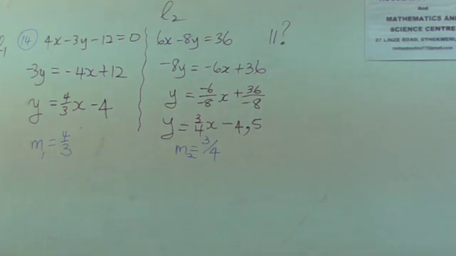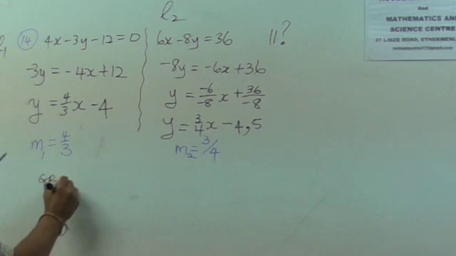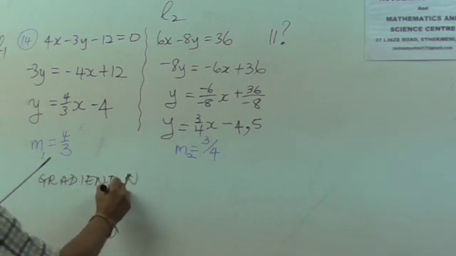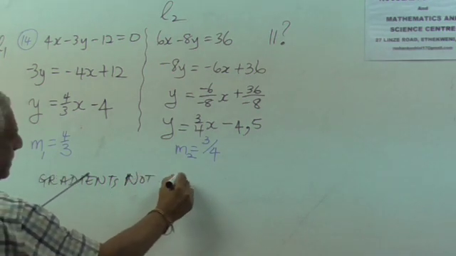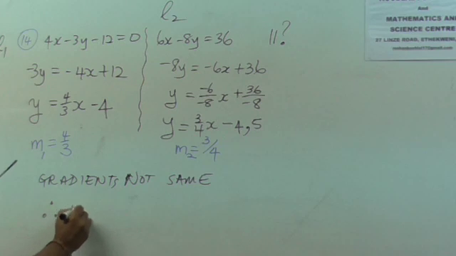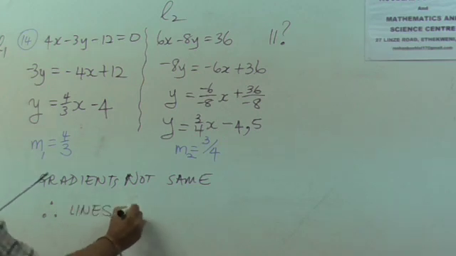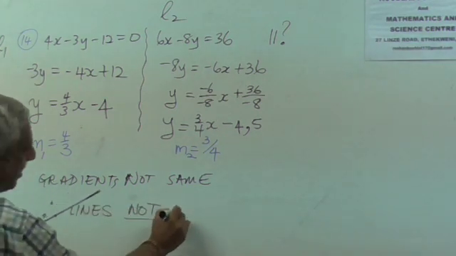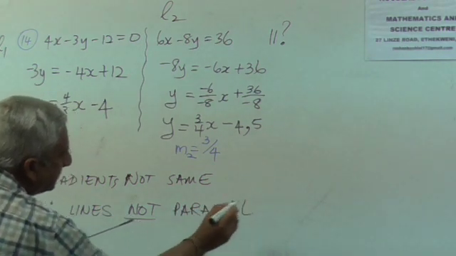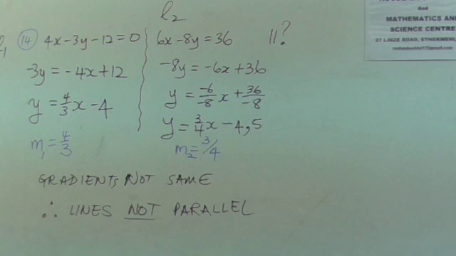So you will say gradients not the same. Therefore, lines not parallel. Alright, that was number 14.